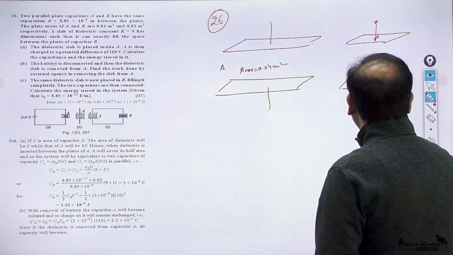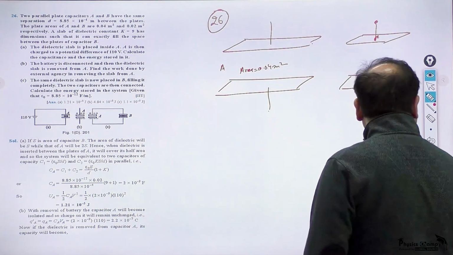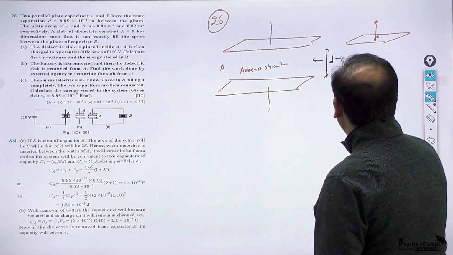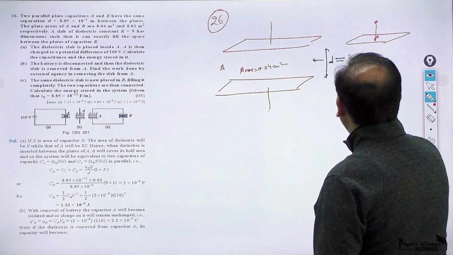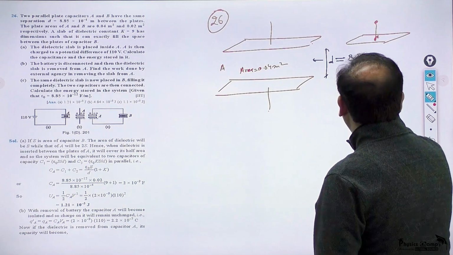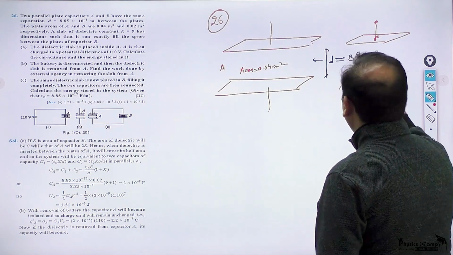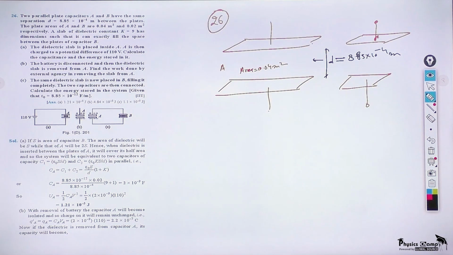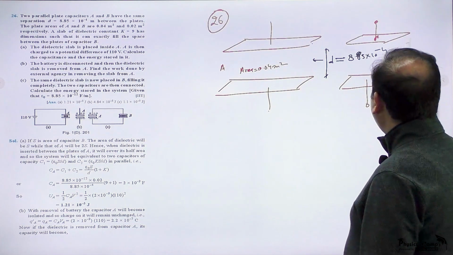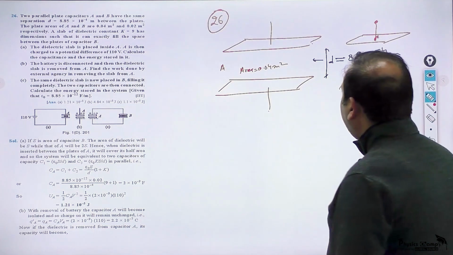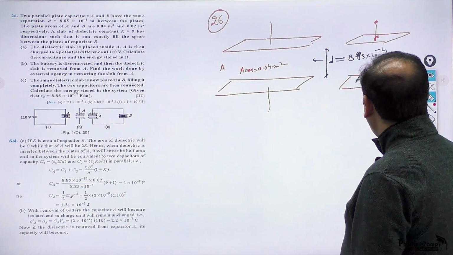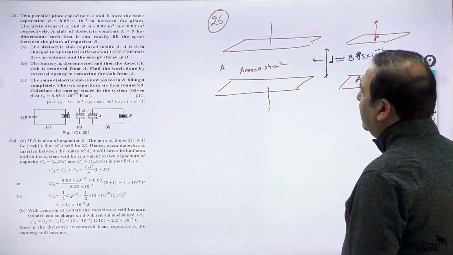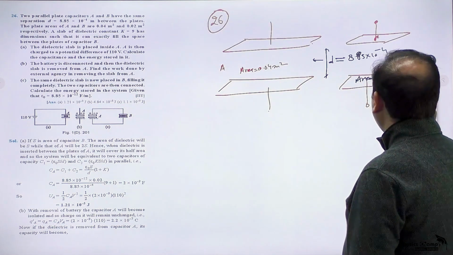Although the separation between the plates in both of them is the same, and that has a value 8.85 into 10 to the power minus 4 meter. We are keeping this value so that with epsilon naught we can cancel it. The area of plate B, I can say area A2, is actually 0.02 meter square.